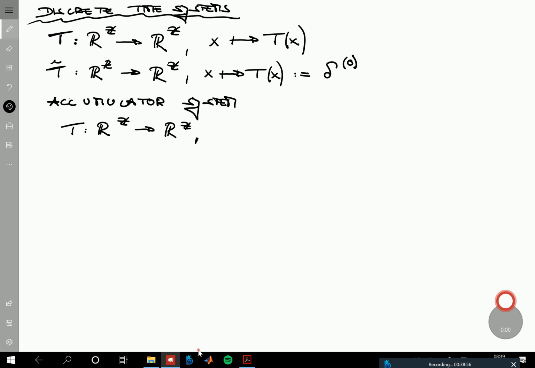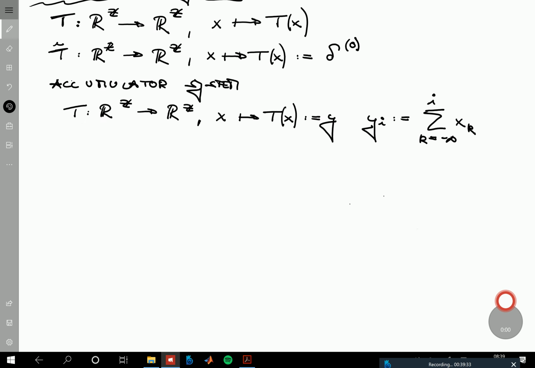And this works as follows. For each input sequence, the accumulator system specifies an output sequence, which we now call y. The important thing is that the y_i, the ith element of y, is defined as the sum of all elements of x up to point i.